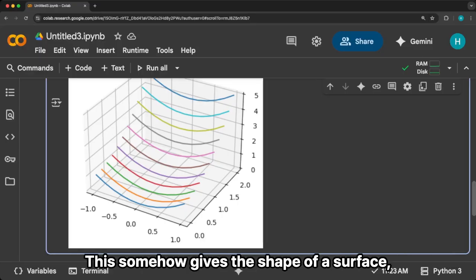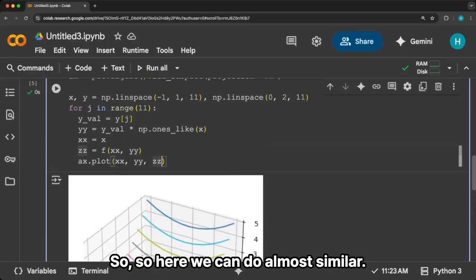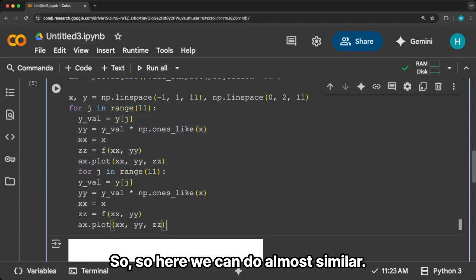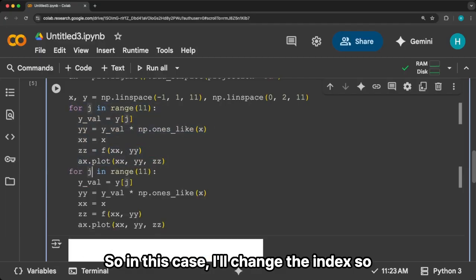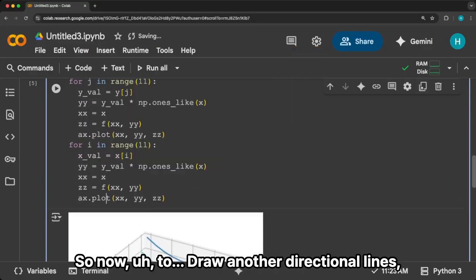This somehow gives the shape of a surface, but not enough, right? So let's draw another line. It's almost similar, but I'll change the index so that you don't get confused.